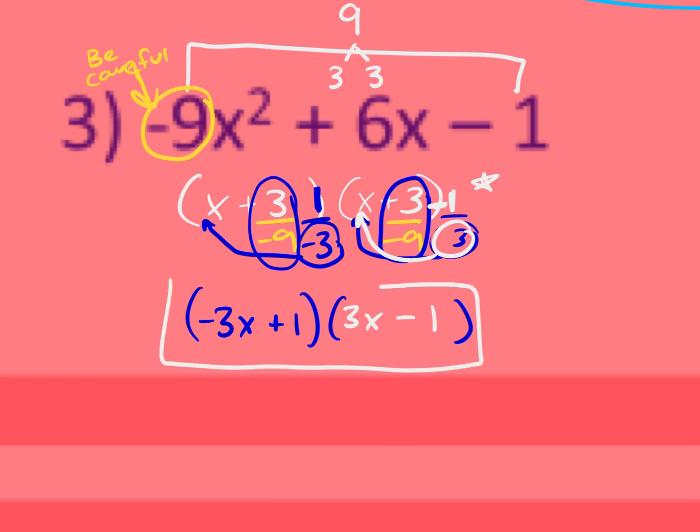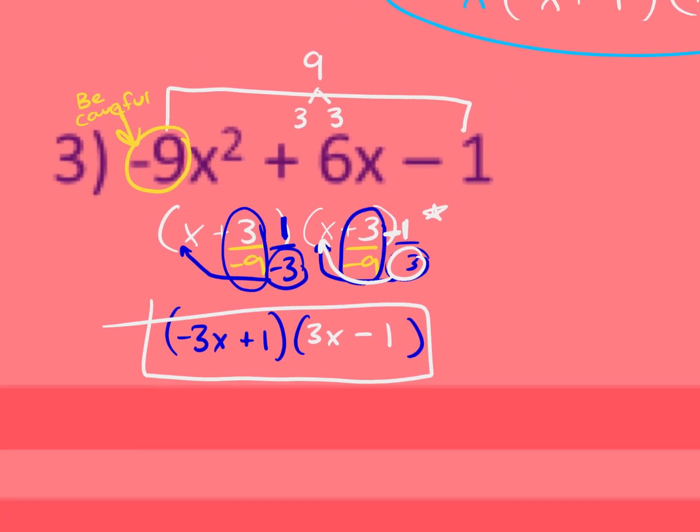So that's what I mean when I said be careful with the negative. When it doesn't turn out like the answer, you just switch the negative to the numerator, and then just move the positive number.